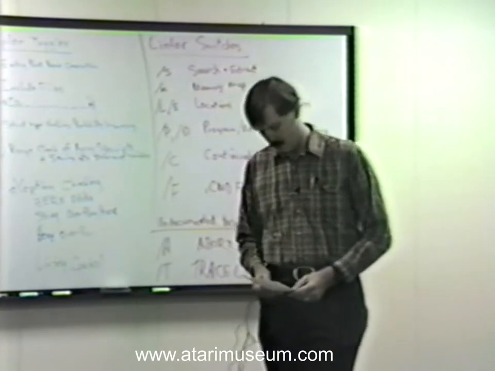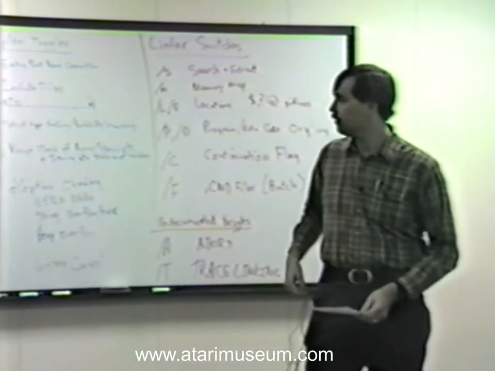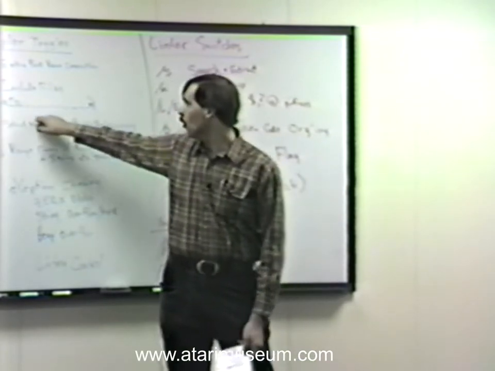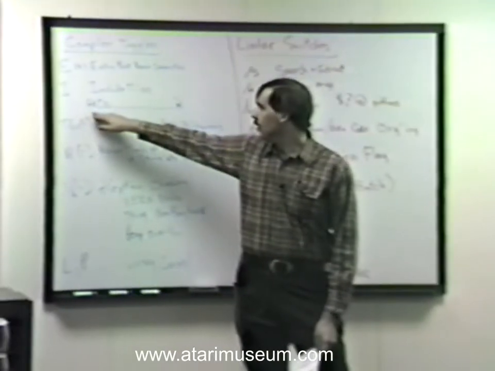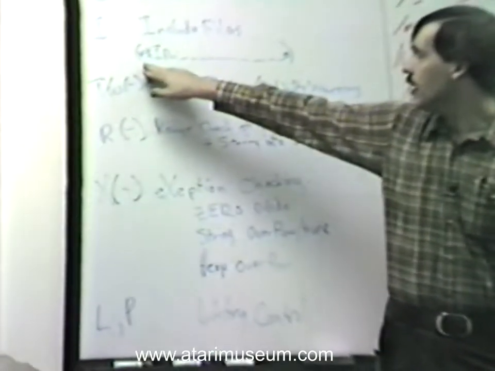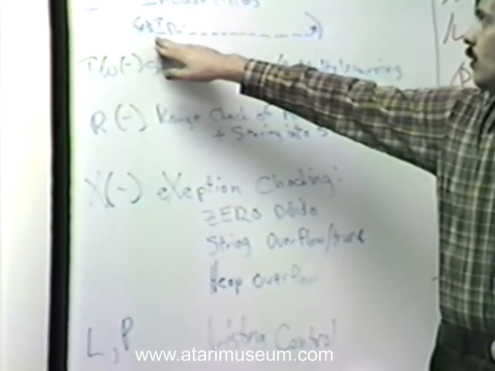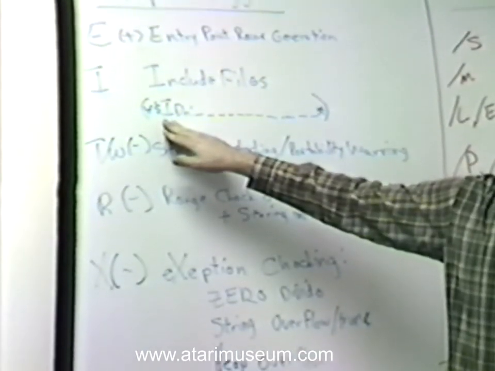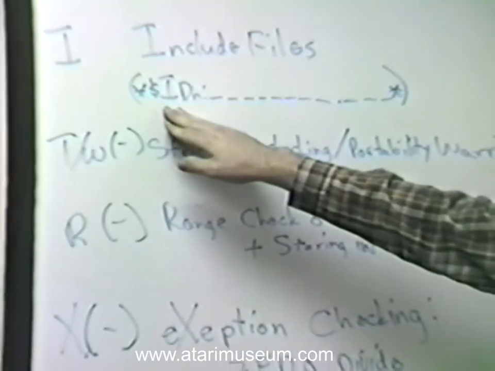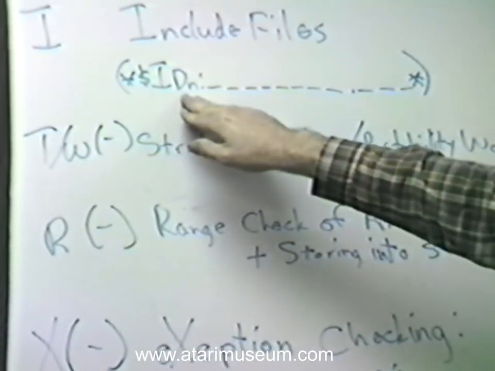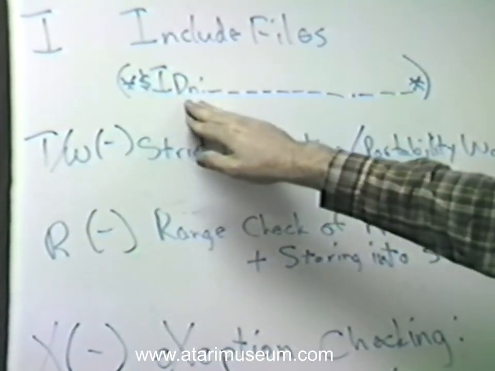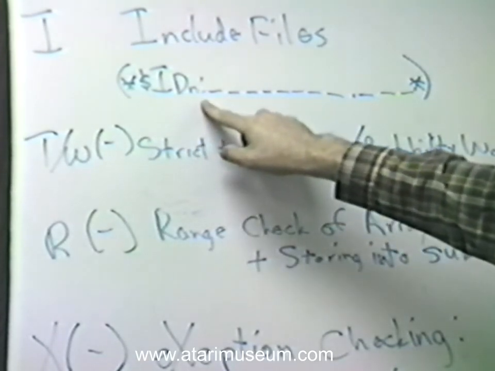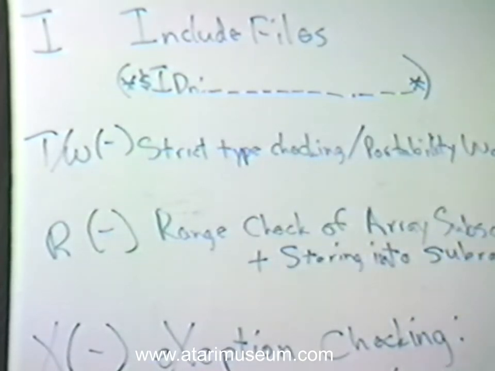Another toggle that we have is the include file toggle, and basically that is structured as thus on the board. You specify the begin comment $I, which signifies the compiler that you want to include a disk file of source to be included in the compilation, and then you follow it with the device number Dn, where n can be any drive number from 1 to 4, followed by the name of the file.